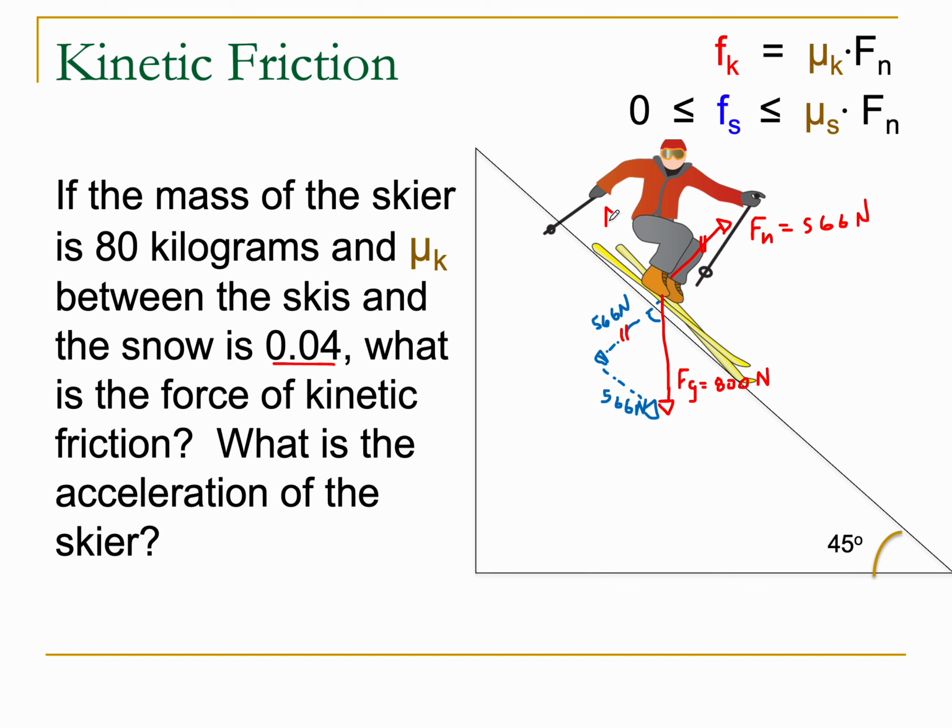In this case, the friction is going to be acting up this way. What's it going to be equal to? It's equal to mu sub k, 0.04, times the normal force, which is that 566. And if you solve that, taking my previous answer times 0.04, we get about 22.6 newtons. Sorry for writing above it.